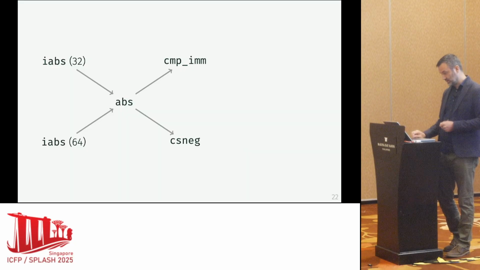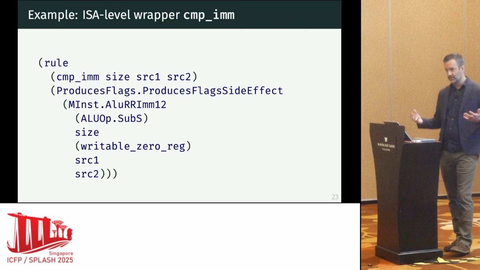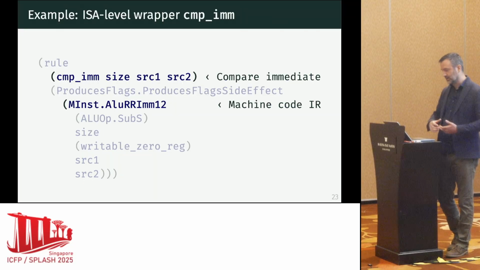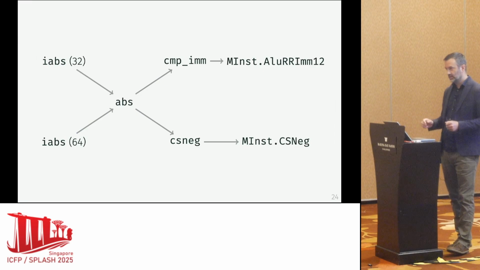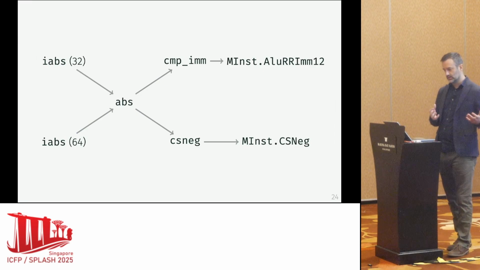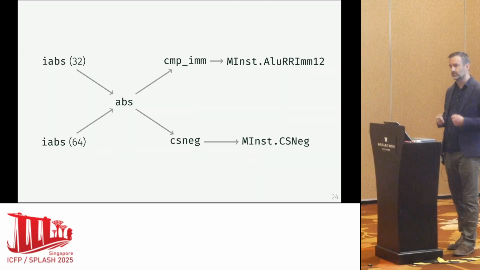But we're not done, because in fact, this compare immediate is implemented by emitting the lowest level machine code IR in the compiler. And we see the same on the bottom. So actually, even in quite a simple case, instruction selection is implemented by the interaction of multiple instruction selection rules.